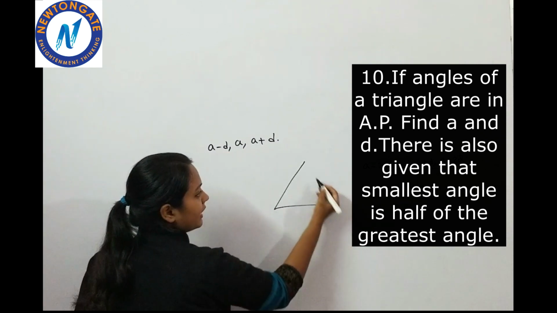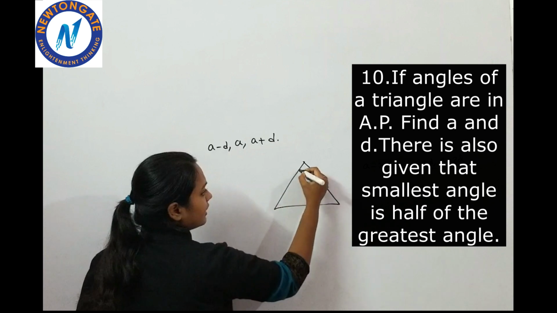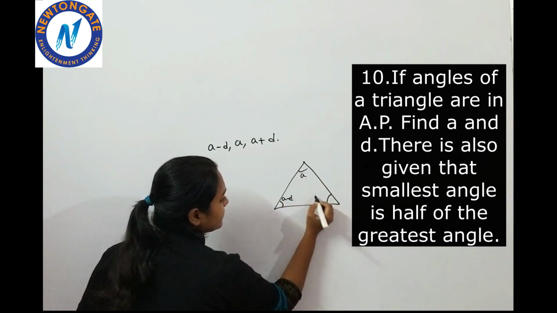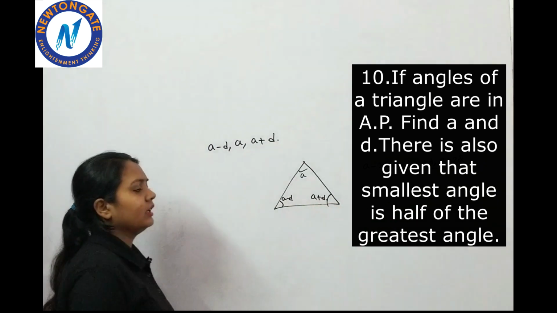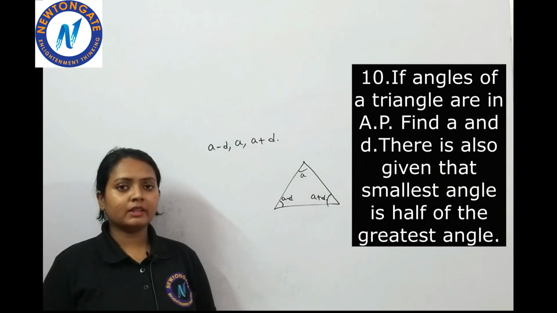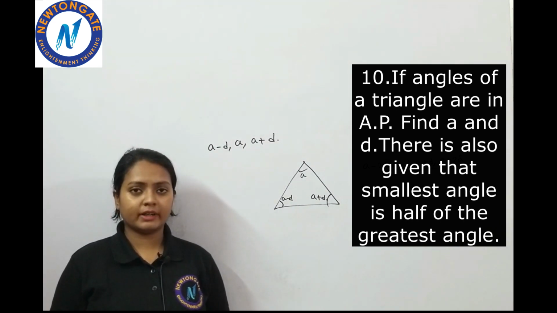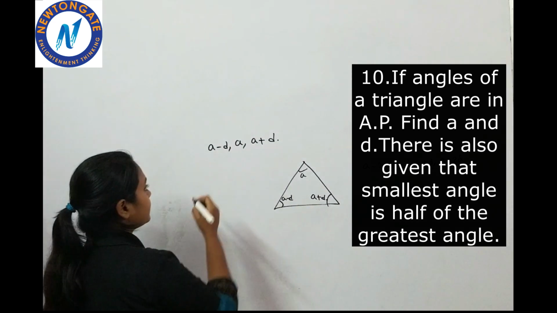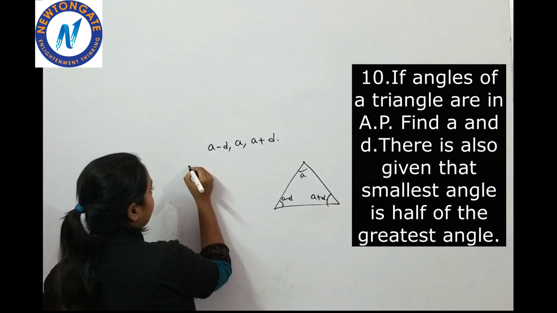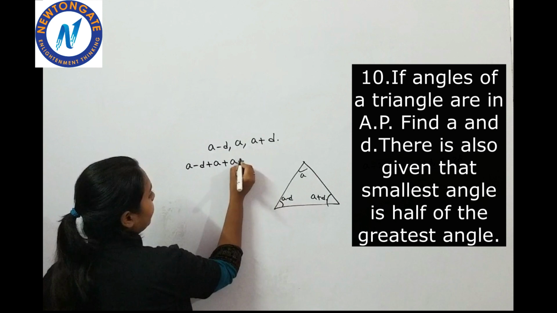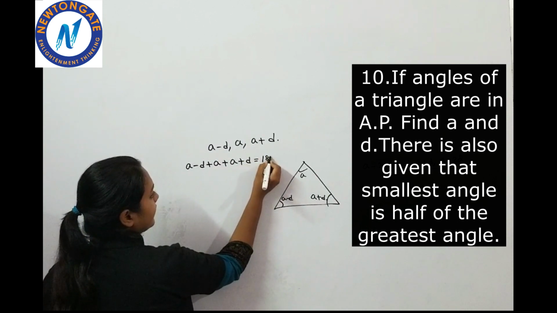If this is the triangle, then this angle is A minus D and this one is A plus D. Okay. Now we know that the sum of the angles of a triangle is 180 degrees. Now we use this concept here. That is A minus D plus A plus A plus D equals 180.